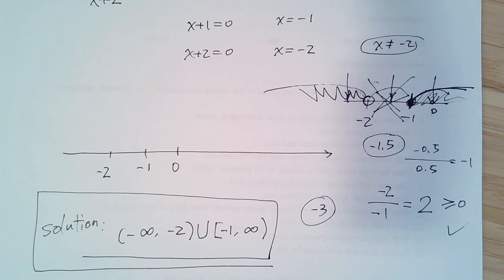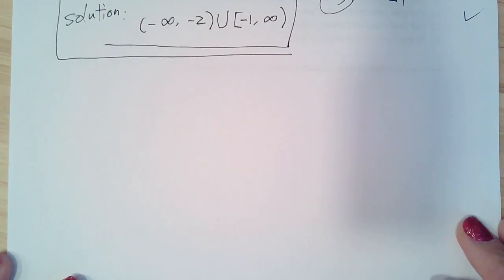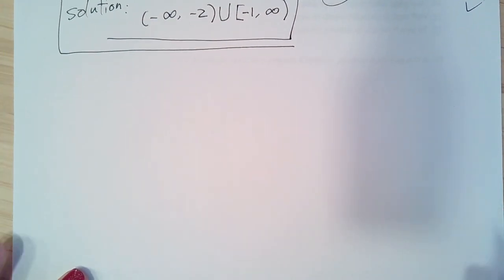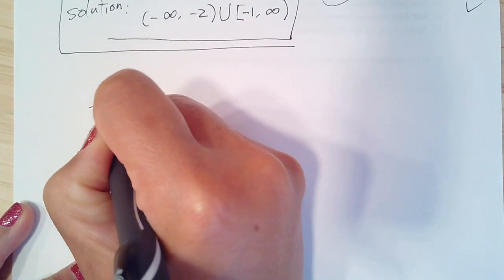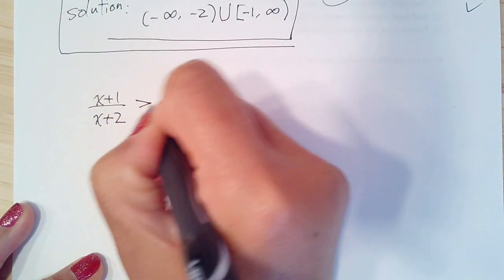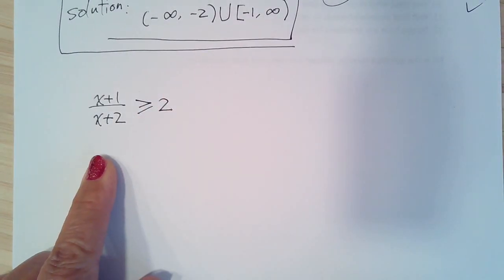All right, so I think that's one. Now one more thing. The hardest part is this. Solve x plus 1 over x plus 2 greater than or equal to 2. Now this is a little different than the one we had earlier.